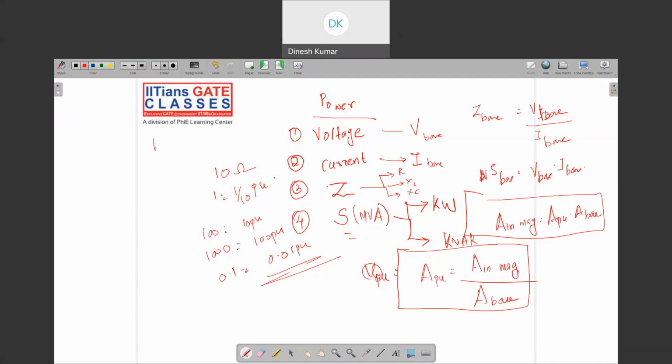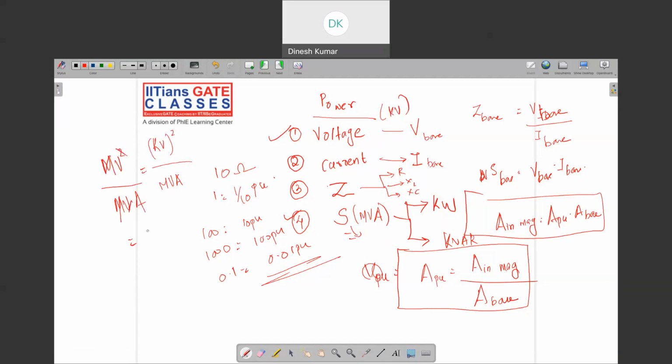What is kV square divided by MVA? We are taking this and this as base. So voltage in kilovolt and S in MVA, megavolt ampere. So kV square is basically MV square divided by MVA. The M and M will get cancelled, V and V will get cancelled.